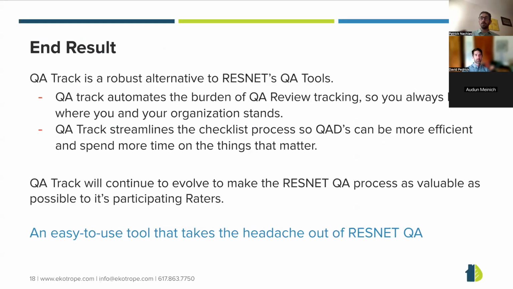QA Track also streamlines the process of filling out the checklist, so you can be more efficient and spend time on things that matter. And I think there's a lot of room for ResNet QA and QA Track to grow over the coming years in terms of what we're focused on, what questions we're answering, and how it all works.